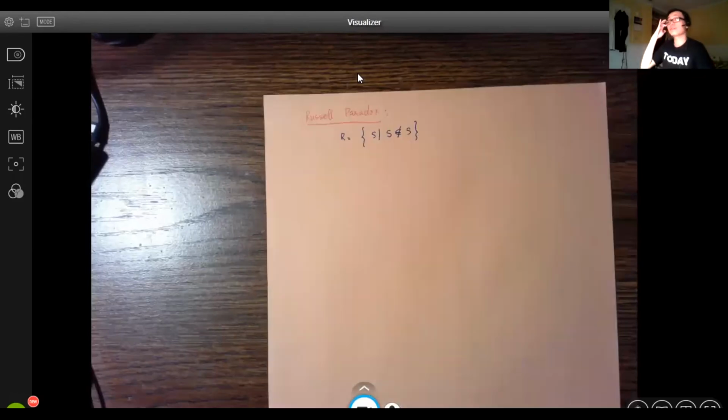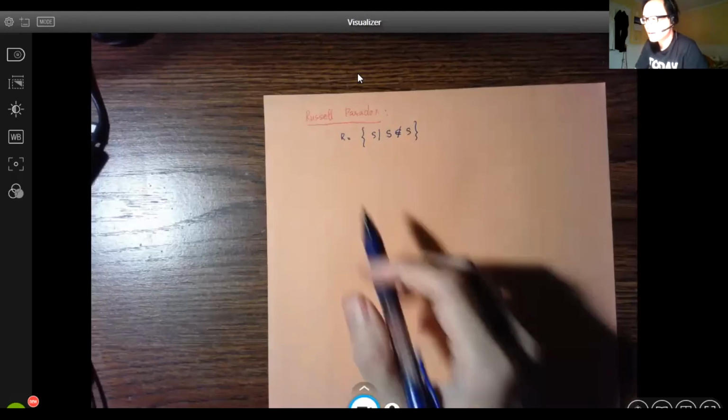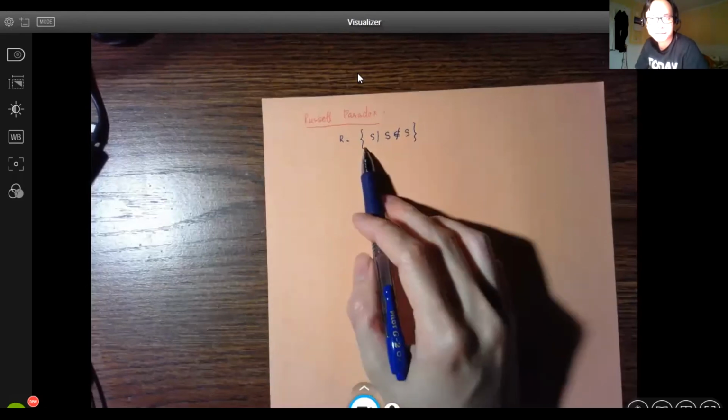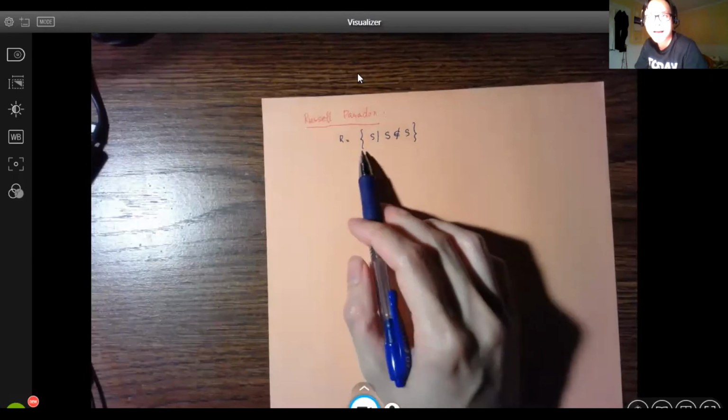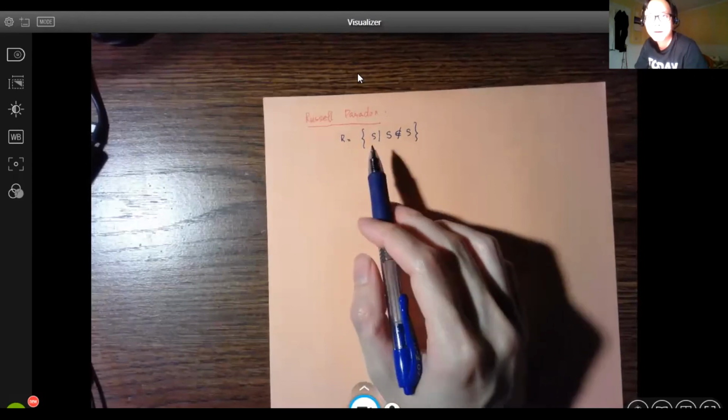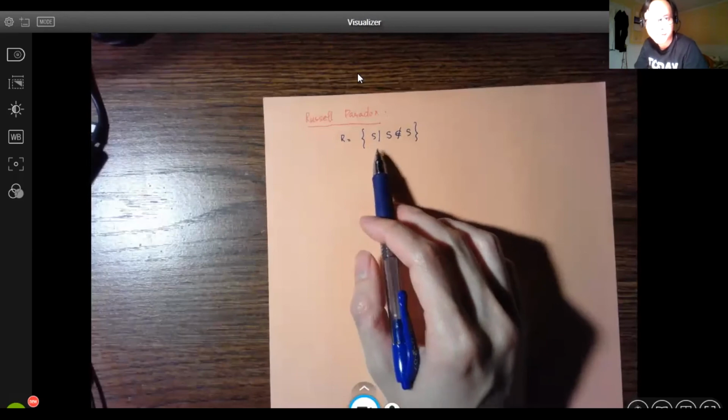I don't know if you've already learned set theory, but every set contains the empty set and contains itself. Now I say the Russell set is the set whose members are sets that do not contain themselves.